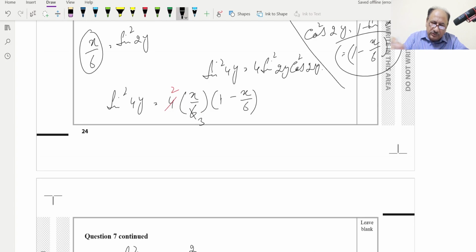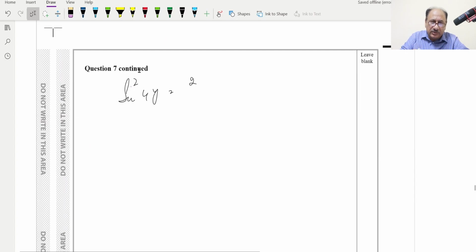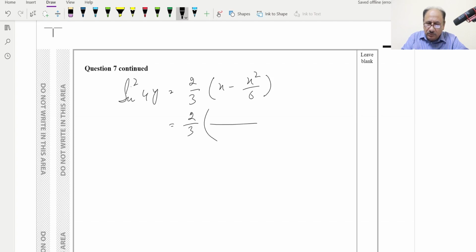So this should be 3 over here, so we can write this one as 2 over 3 and into x minus x square over 6. Now further we can multiply this, or before multiplication we can take LCM inside the bracket. So this will be 6x minus x squared, and now we can cancel, this 2 will be cancelled with this, it will be 3.